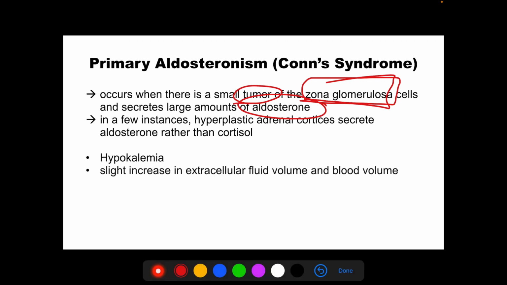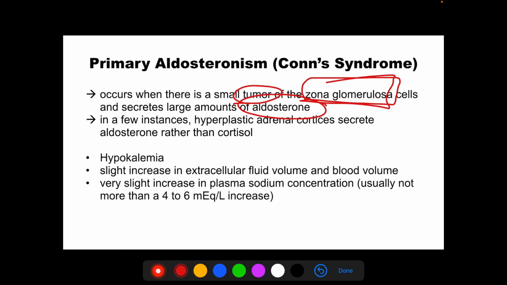And because there is an increased reabsorption of sodium, we can also see an increased extracellular fluid volume and blood volume. That's because of the reabsorption of sodium and also water. Okay? Next, there is a very slight increase in plasma sodium concentration. However, it's not more than 4 to 6 mEq per liter. And also, there is hypertension.